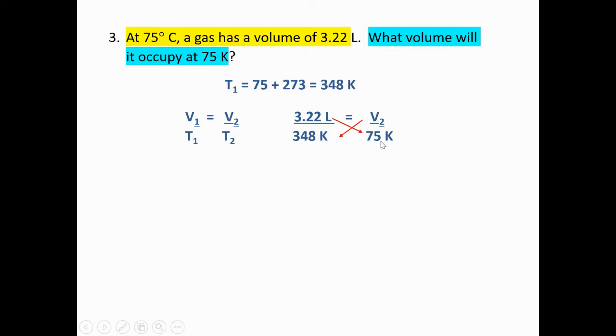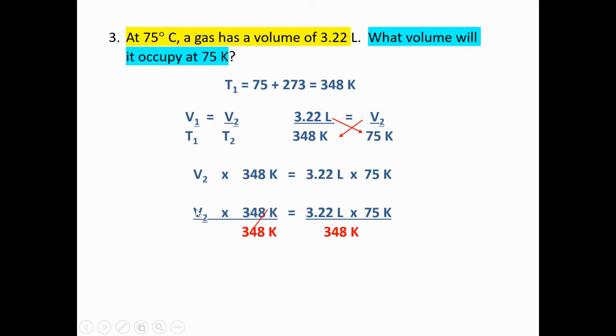Now let's look at what's happening here. My initial temperature is 348. My new temperature is 75, which is not only lower, but much lower in temperature. So I would expect a much lower volume. So I'm going to cross multiply. I'm going to divide both sides by 348.